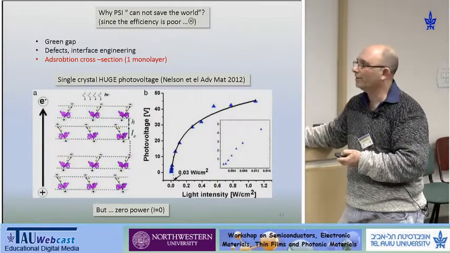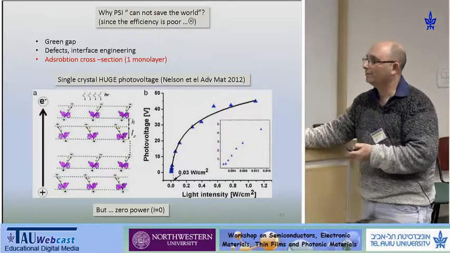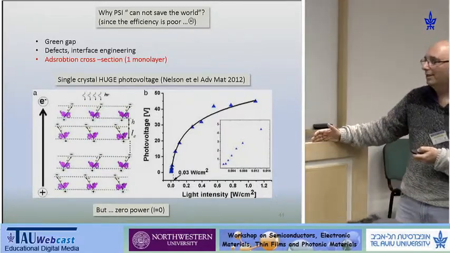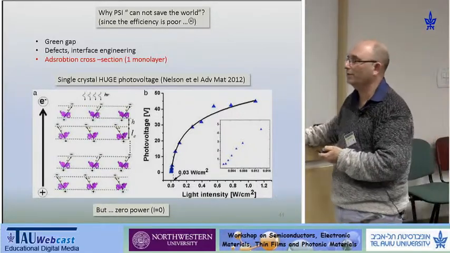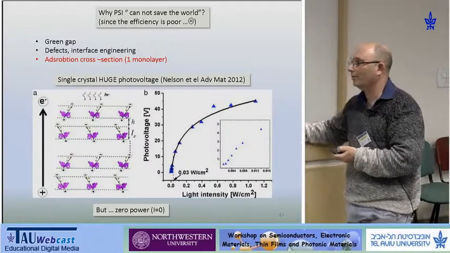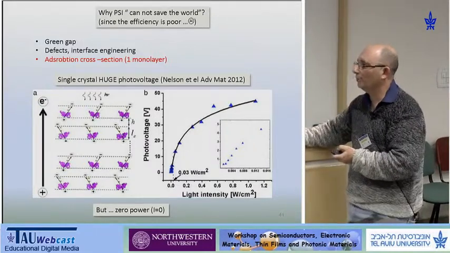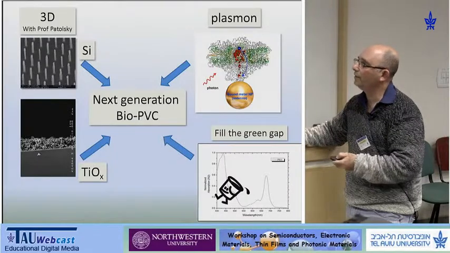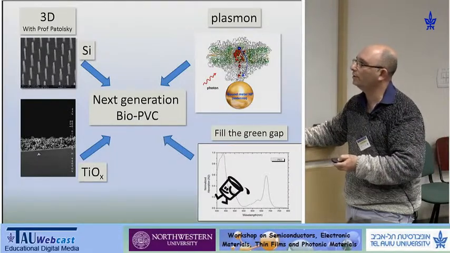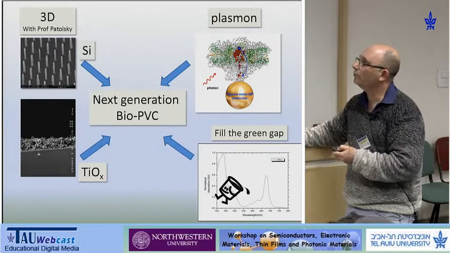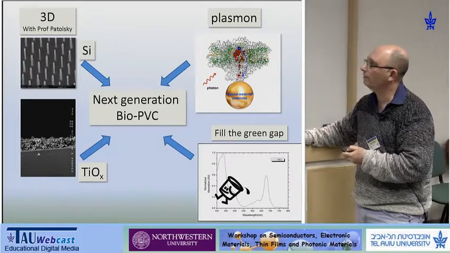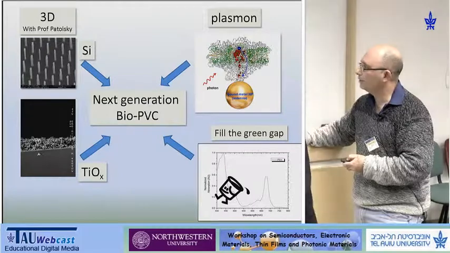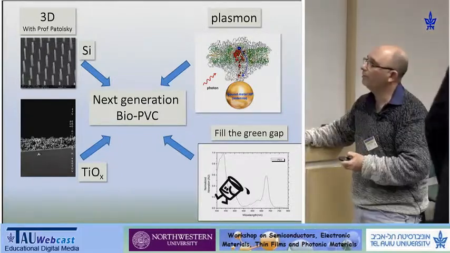So the power extracted by this very nice crystal is 0, though the photovoltage is large. So you have to play with this in order to get something out of it. What we do currently is 3-dimensional solar cells, coupled to some nanoparticles, to fill the green gap.